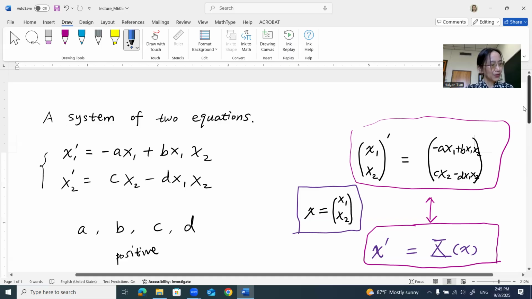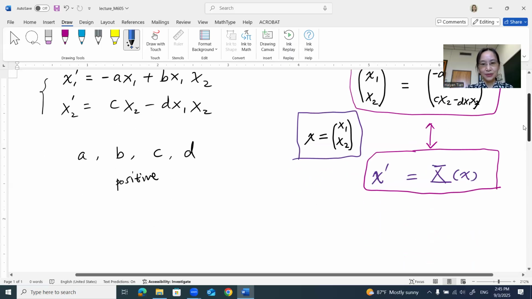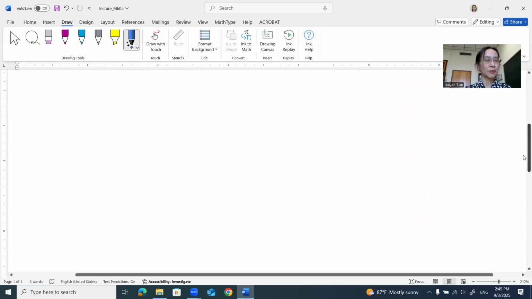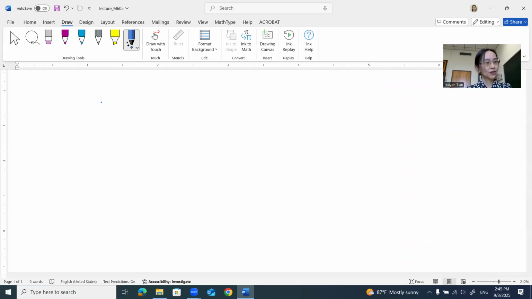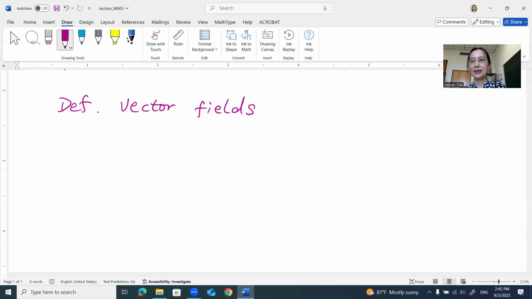So now I want to introduce a terminology, that is the definition of vector fields. So let's have a notation. Suppose we have an open set.